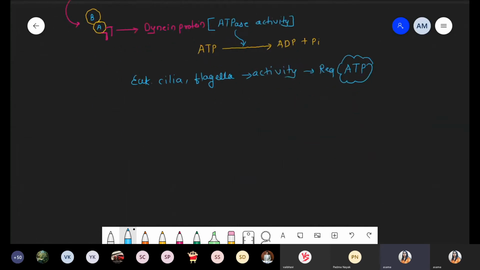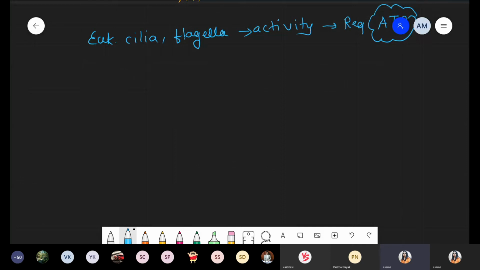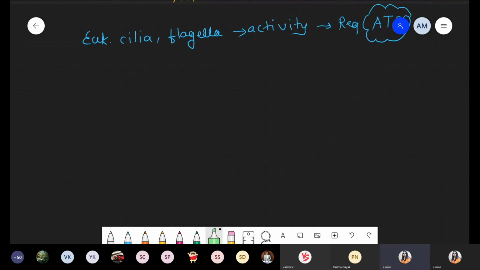It's a little tricky, but this part is very important. So quickly, what do we do? Had we discussed before the difference between eukaryotic flagella and prokaryotic flagella? Yes or no? Have you ever seen it? Before, we discussed it in kingdom Monera.